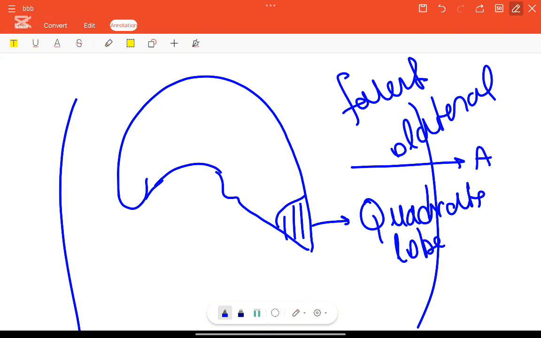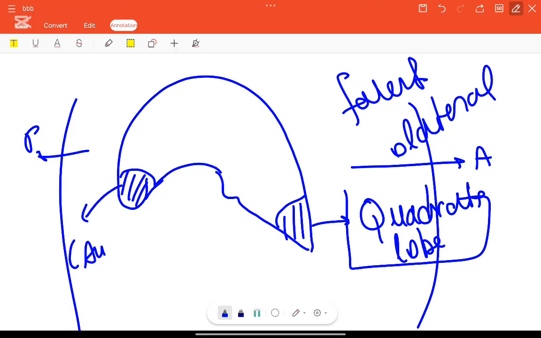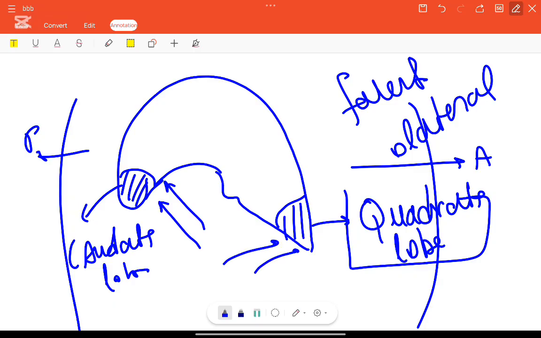Of course, that's anterior, that's posterior. So quadrate lobe, and that's your caudate lobe. So actually the caudate lobe is posterior and superior. The quadrate lobe is anterior and inferior. They are not at the same level, right? Caudate lobe is above, quadrate lobe is below.